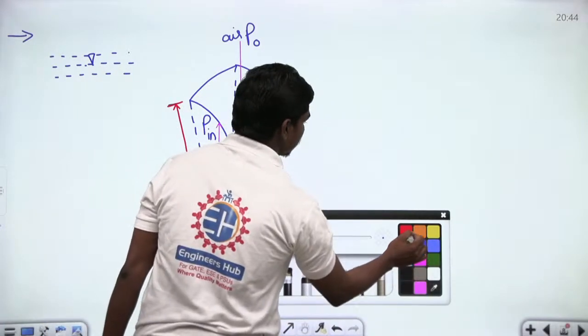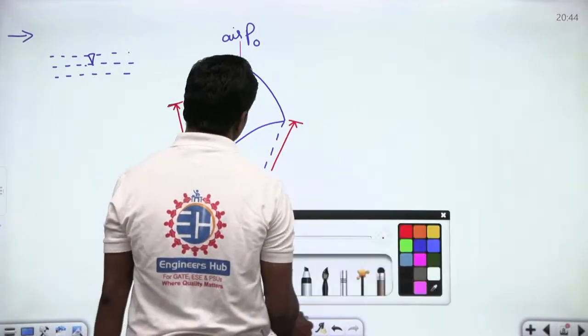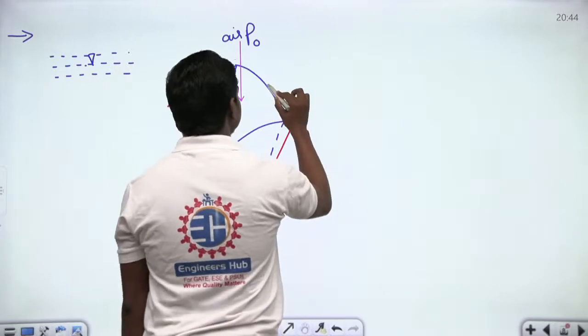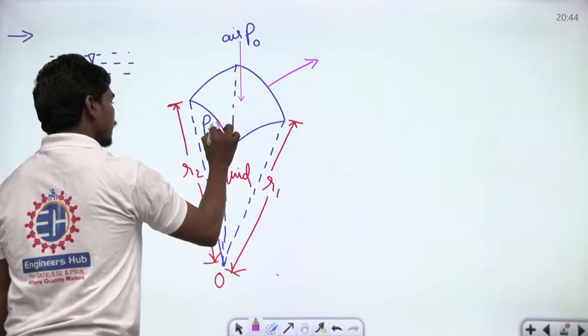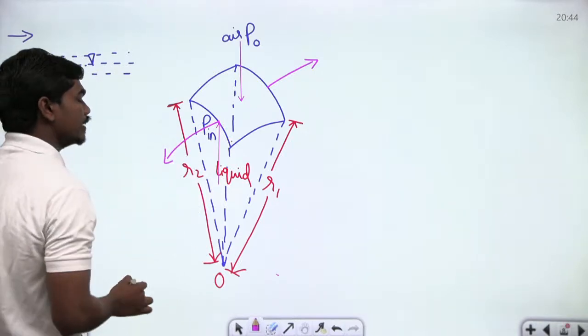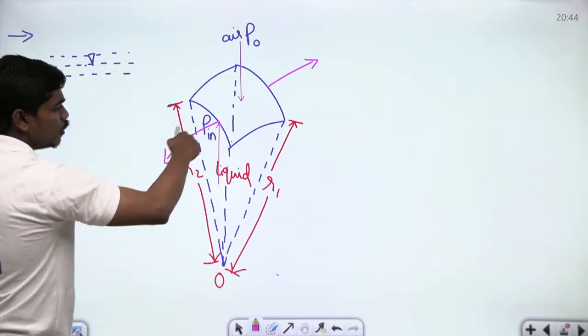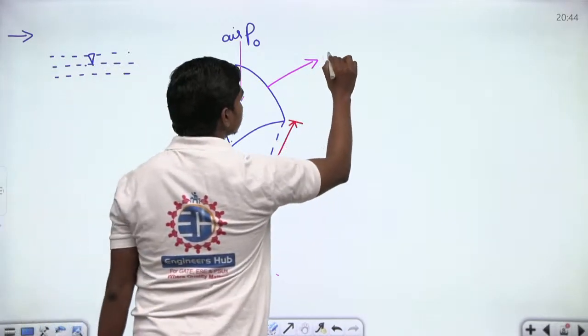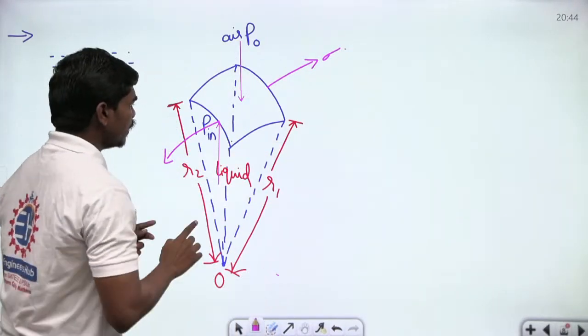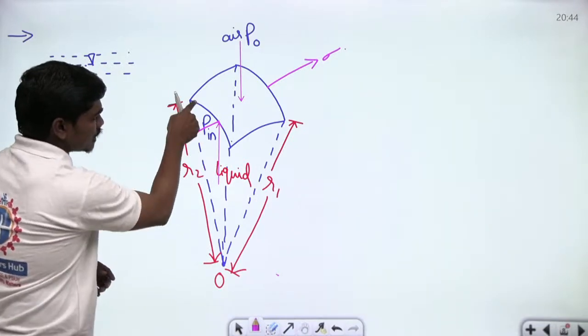So let us summarize this surface tension force. It is something like this. Similarly, on this surface as well, there will be some surface tension force acting here, correct? So what will be the value of this surface tension force on either face? Look carefully. If this is sigma into, what will be the surface tension force on this side?